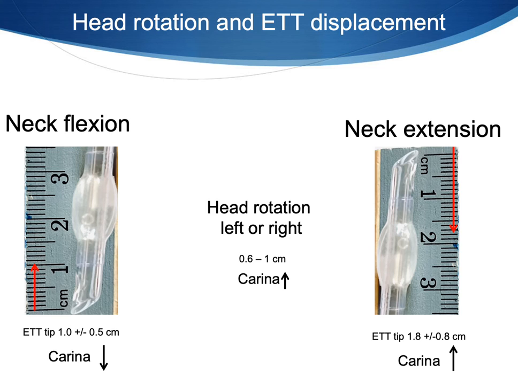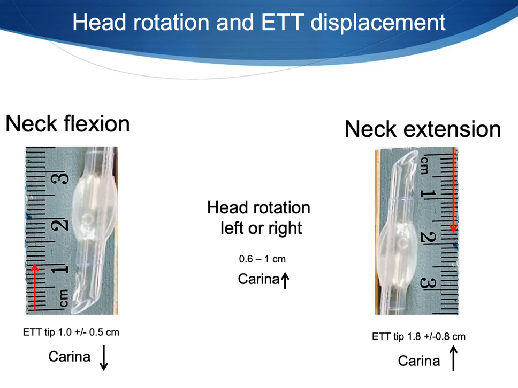As I mentioned previously, the endotracheal tube follows the nose. So if you flex your patient's neck, the nose is going to go towards their chest, and therefore the endotracheal tube is going to go towards their carina, at which time you could end up getting an endobronchial intubation.